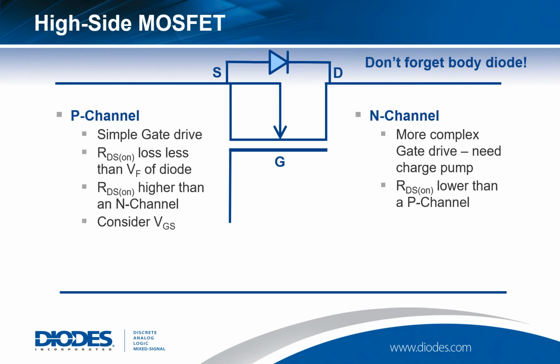Always bear in mind the body diode of the MOSFET. If you put the MOSFET the wrong way around, this simply isn't then going to protect you against reverse polarity, because the body diode will conduct instead of the channel of the device. If we were to use a 40 milliohm MOSFET with that same 5 amp rail as used on our previous slide, our power dissipation is now down as low as 1 watt.